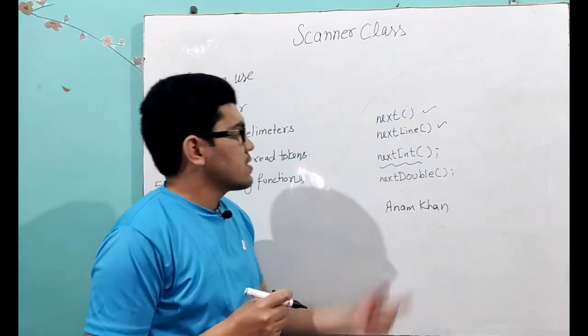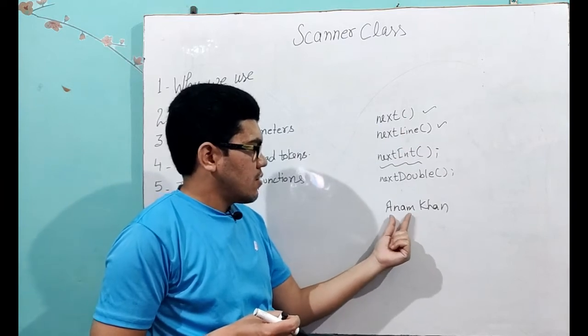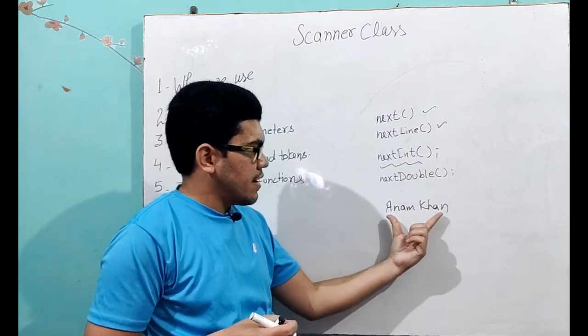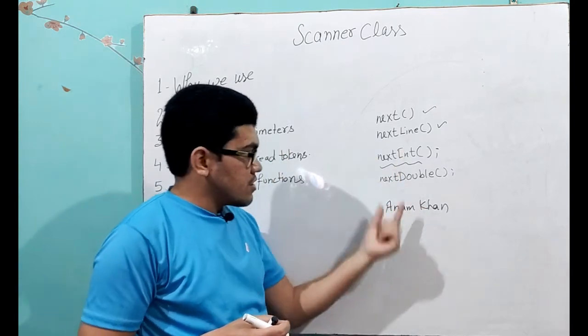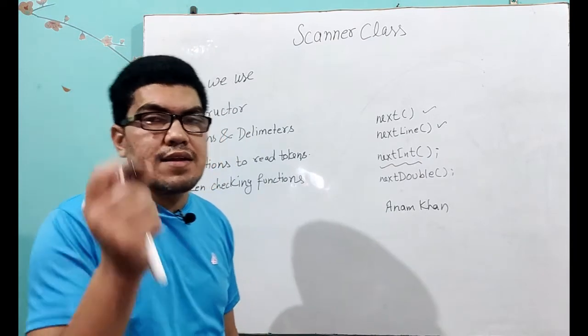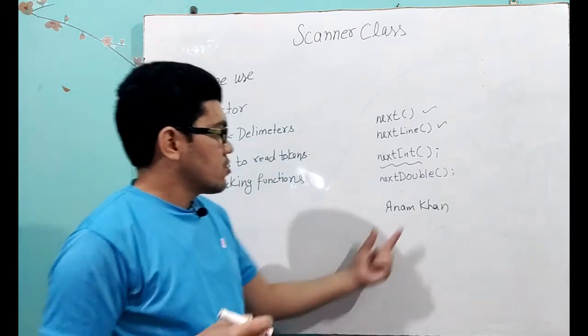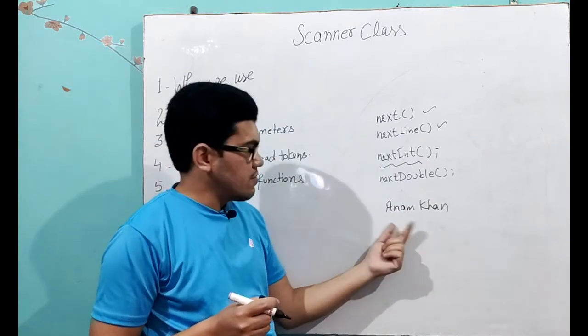So if we are using next, then with this input it will store only the first token, just enum. It will not store the next token.